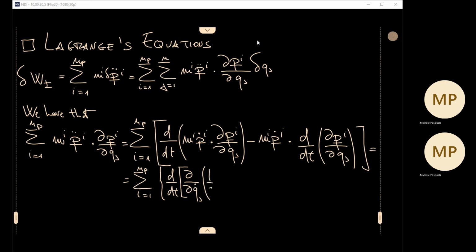Of 1 over 2 m_i p_i dot transposed applied over p_i dot, minus the derivative with respect to q_j of 1 over 2 m_i p_i dot transposed over p_i dot.